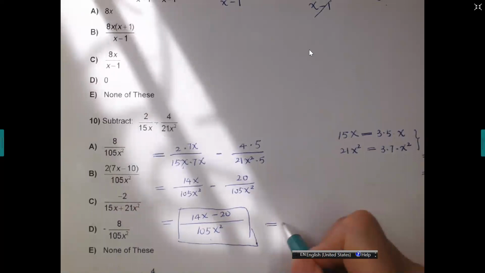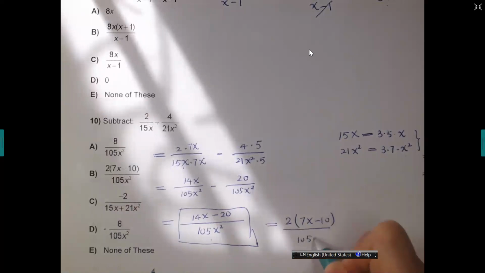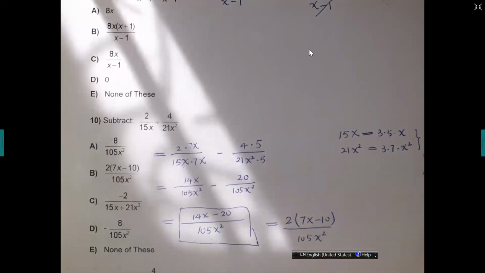The numerator, we can factor the 2 out: 2 times 7x minus 10 over 105x squared. So after we tried, we found that even after we factor the denominator and numerator, there is still nothing in common. So we can stop here. So this is what we have as the B answer here. So now for this multiple choice problem, B is the right answer.